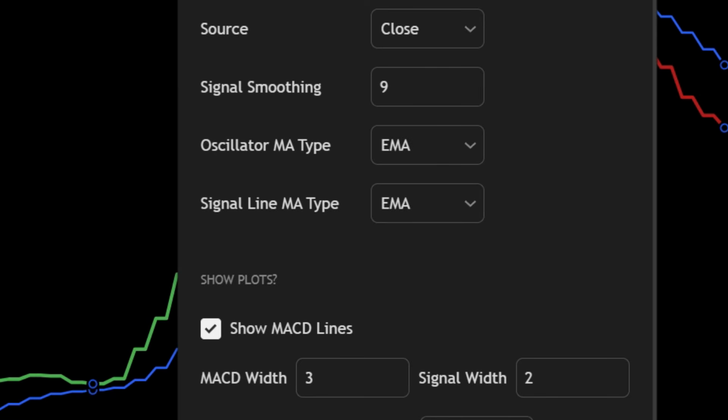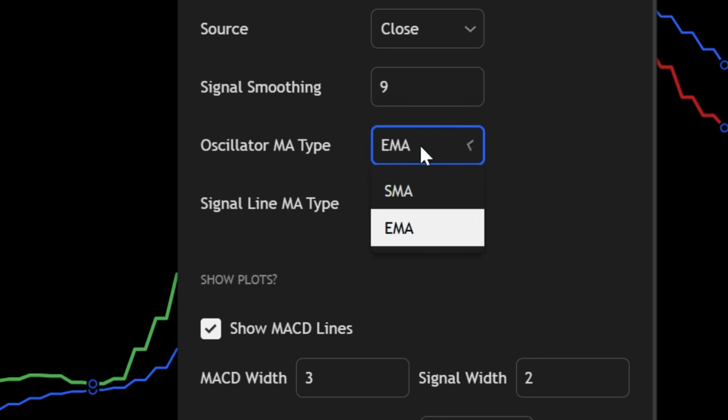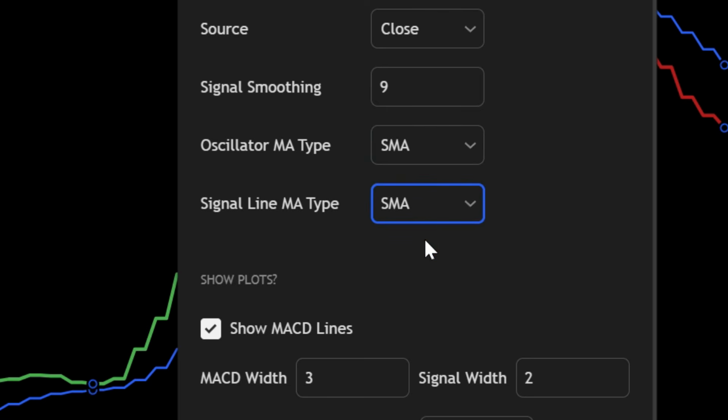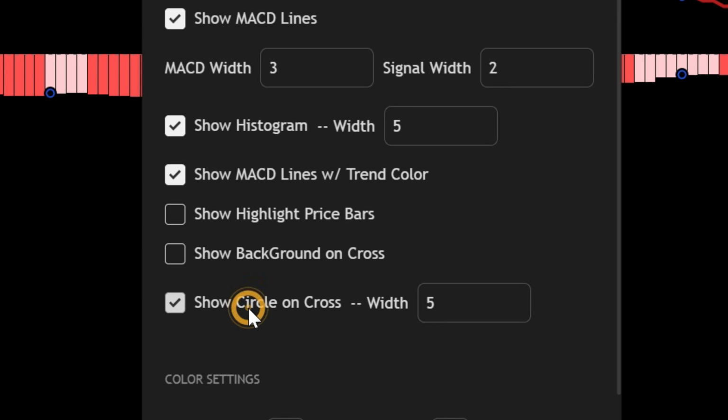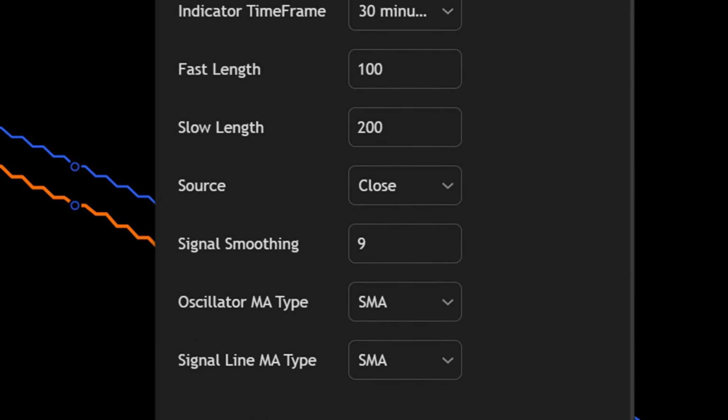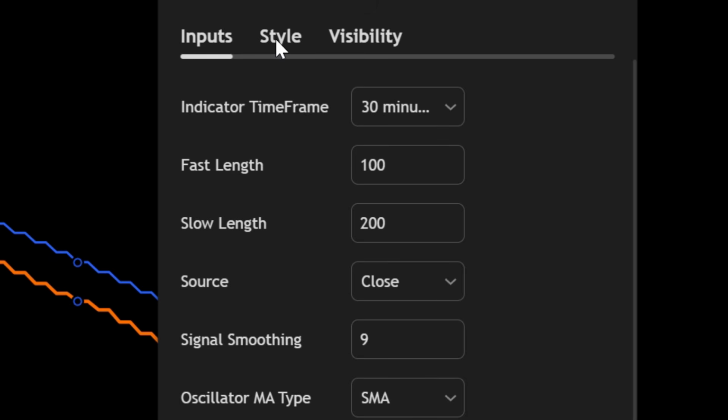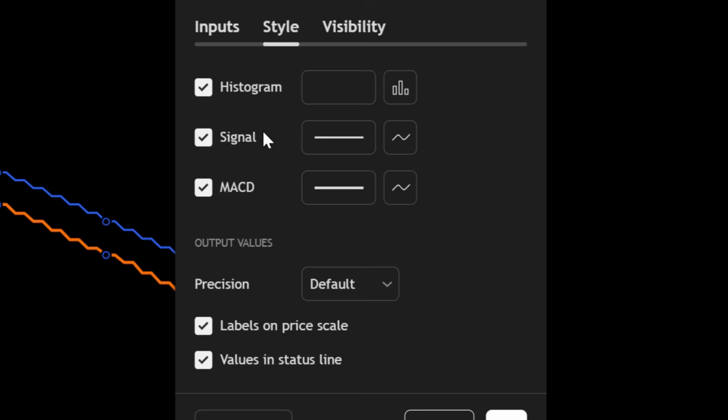Then change the MA types to SMA. After that, turn off the show circle because we don't need those. And in the style tab, we just want the histogram, so go ahead and disable the signal and MACD lines options.